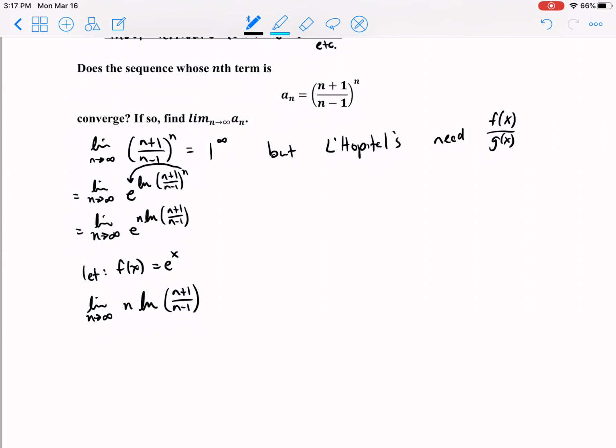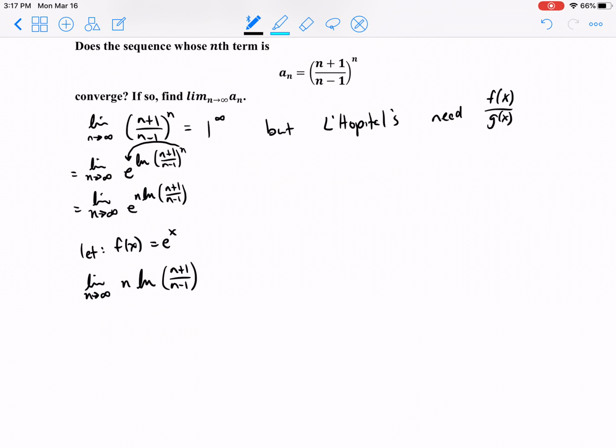And this we can make into an actual fraction. So we can make this the limit as n goes to infinity of the natural log of (n plus 1 over n minus 1) divided by, and I'm going to take that n that was out front and make it 1 over n in the denominator. All right? And so at this point, we have something we can actually apply L'Hopital's rule to.